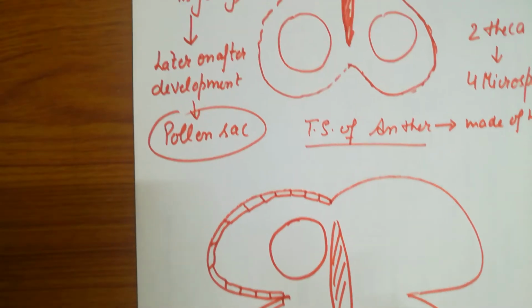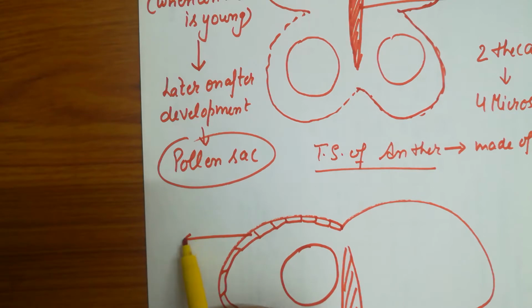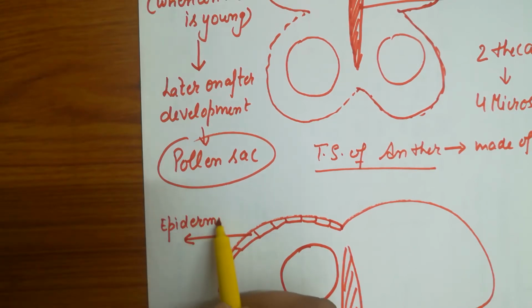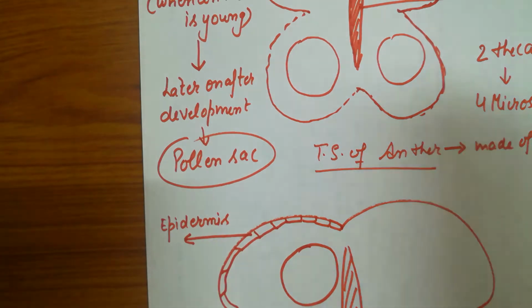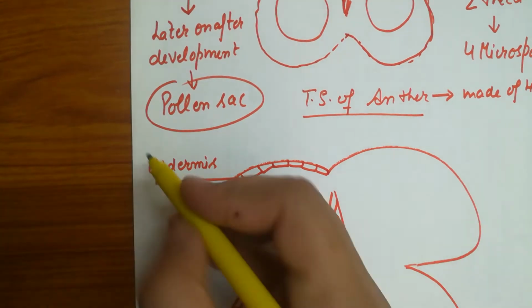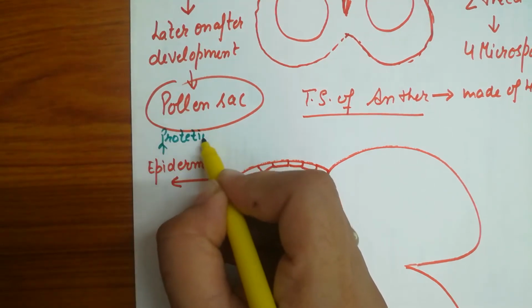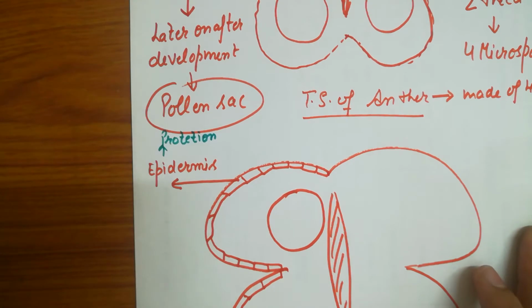This layer is known as the epidermis. What is the function of the epidermis? That is protection. It protects the anther wall.